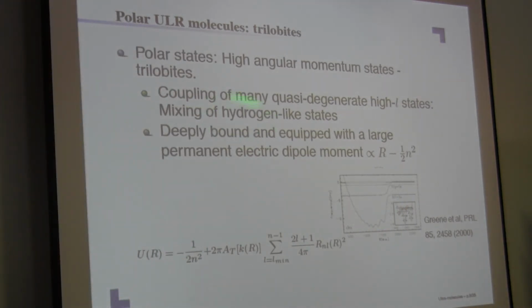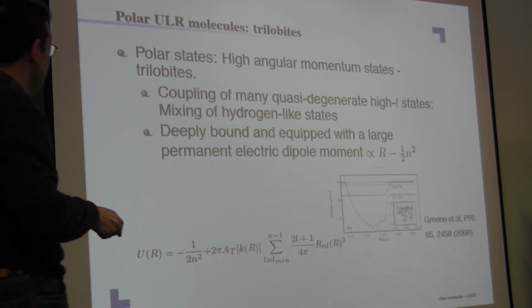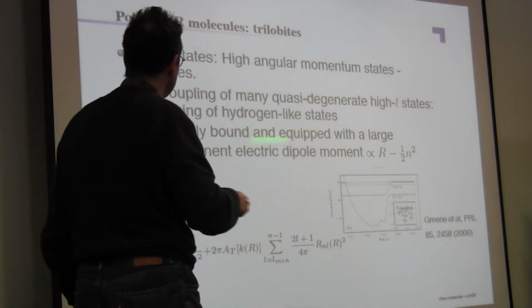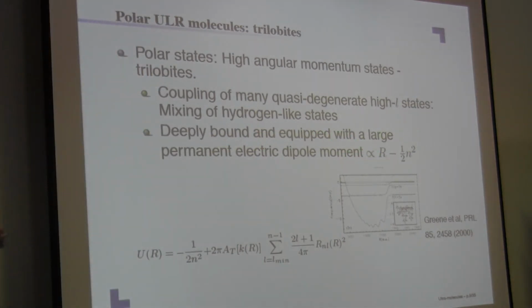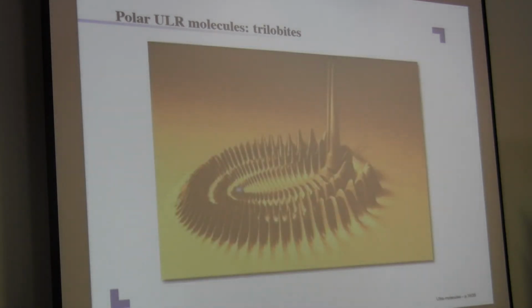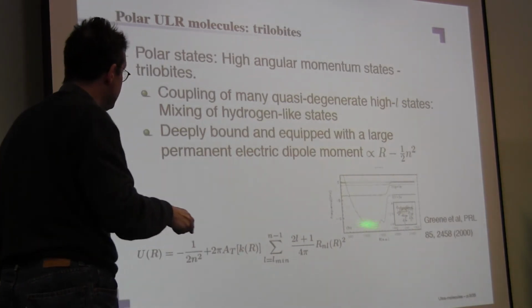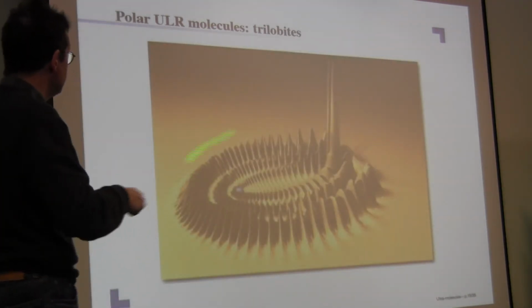Okay, so these high angular momentum states are deeply bound, with higher binding energies, and they have in particular a large permanent electric dipole moment, which is of the order of R. This is how these so-called trilobite states, the states living here, look like.